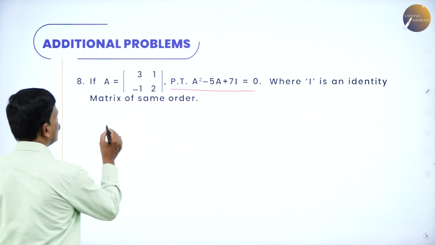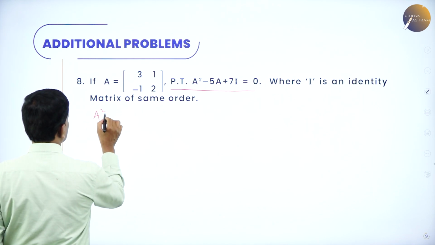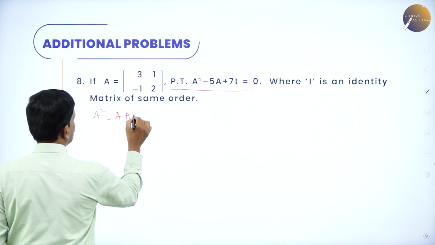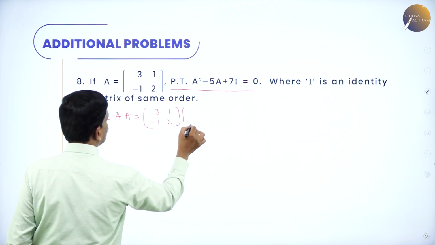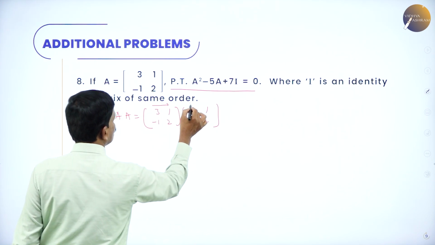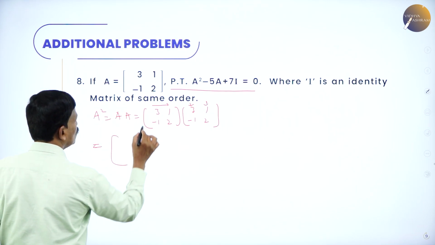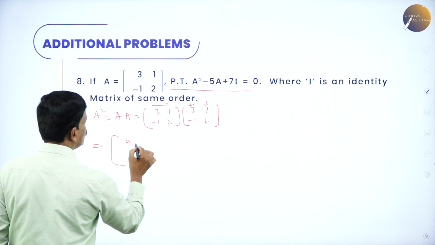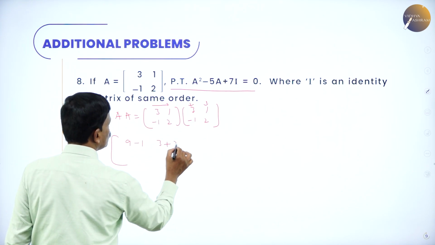Now, A square minus 5A plus 7I is equal to 0. First find out A square. A square means A into A. 3, 1, minus 1, 2, again 3, 1, minus 1, 2. Multiplication: first row, first column, second column. 3 3s are 9, 1 into minus 1 is minus 1. 1 3 is 3, 1 into 2 is 2.